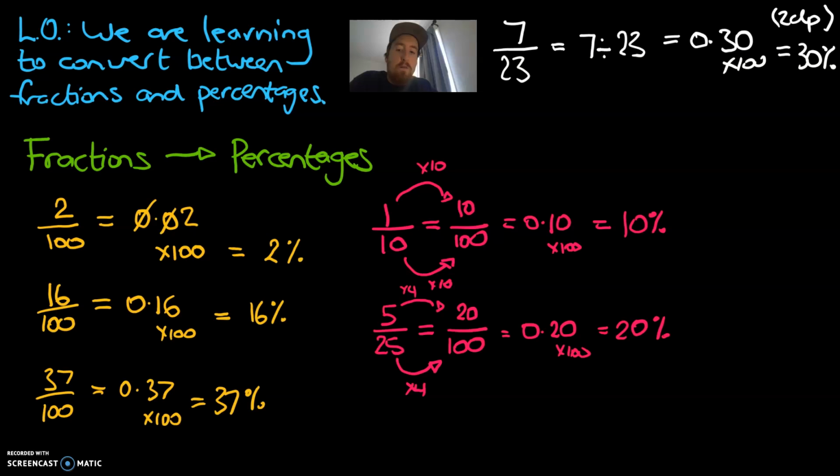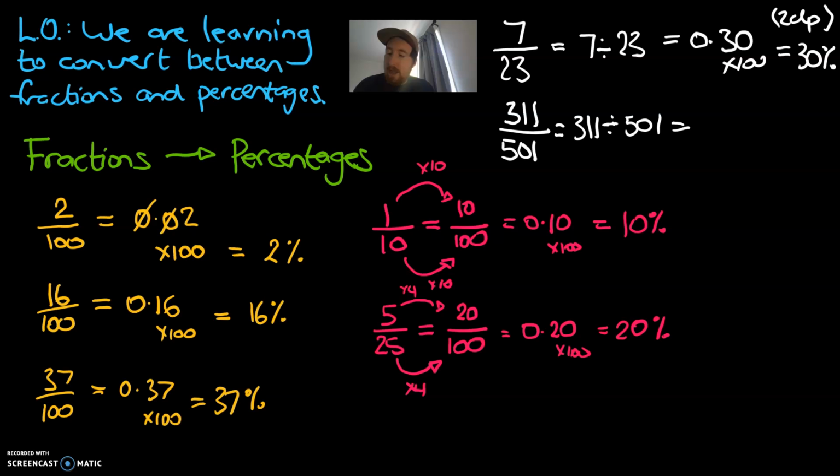And we'll go through one more of the harder examples. Let's do a tricky one. Let's do a big number. Let's do 311 divided by 501. So the trick, obviously 501, that's not really going to go into 100 that well. So we're going to change it to division. 311 divided by 501.